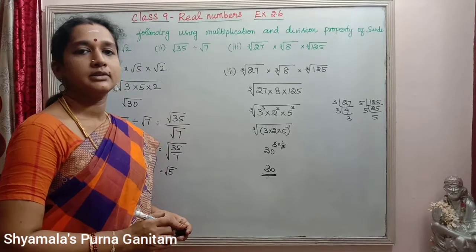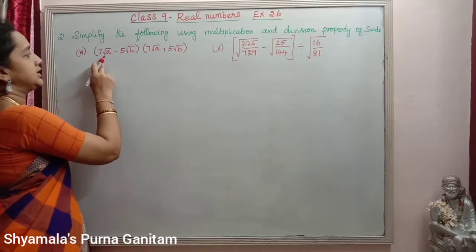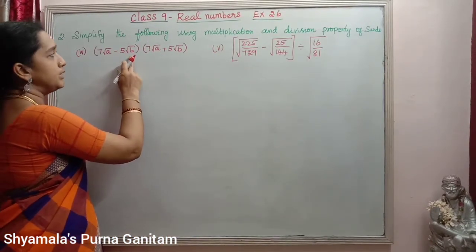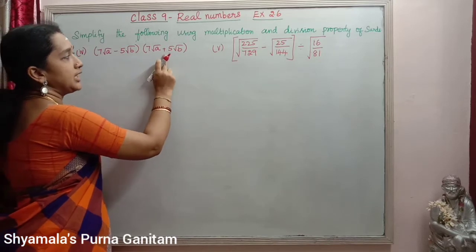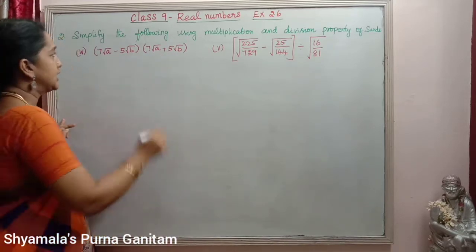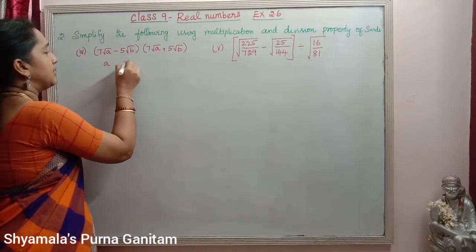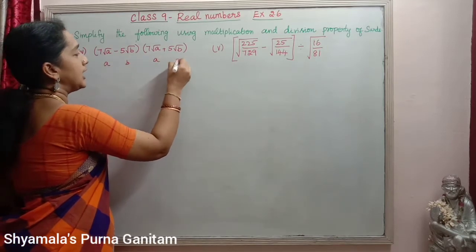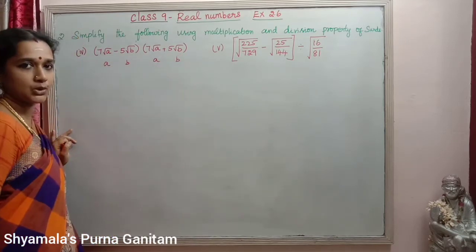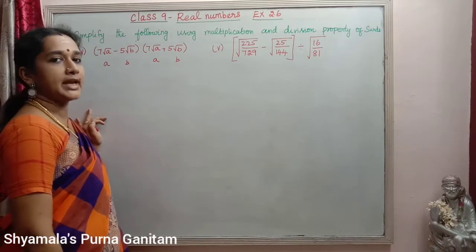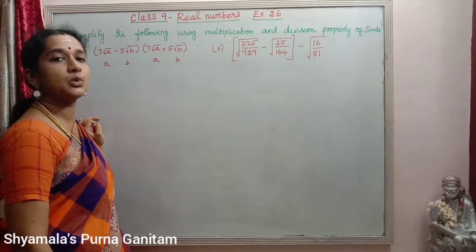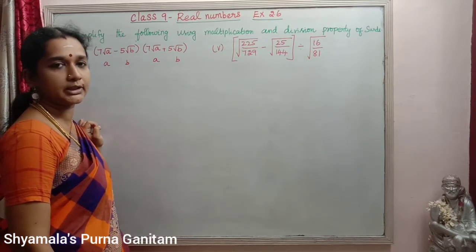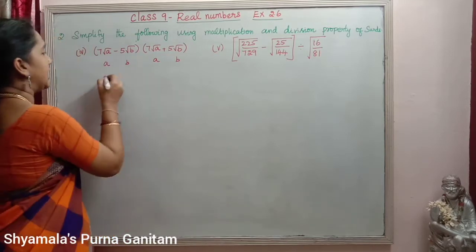Okay. Now the fourth one is 7 root a minus 5 root b into 7 root a plus 5 root b. This is of the form a minus b into a plus b. So we can use the identity a squared minus b squared is equal to a plus b into a minus b.